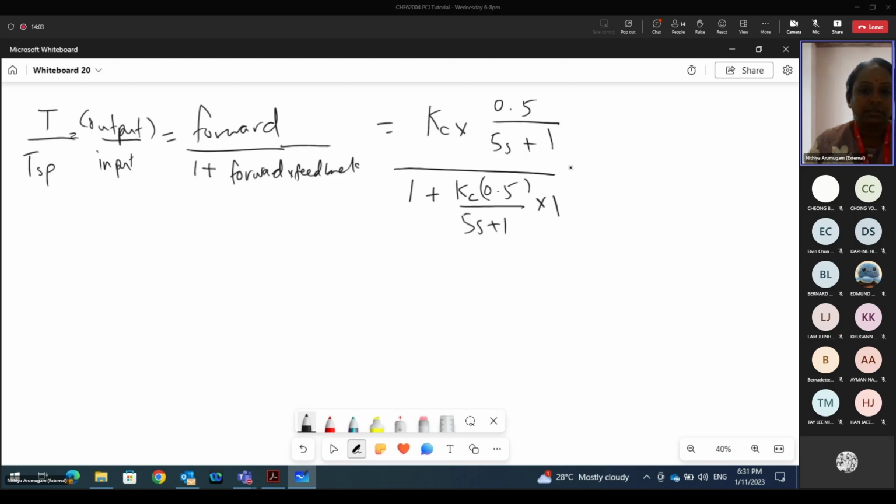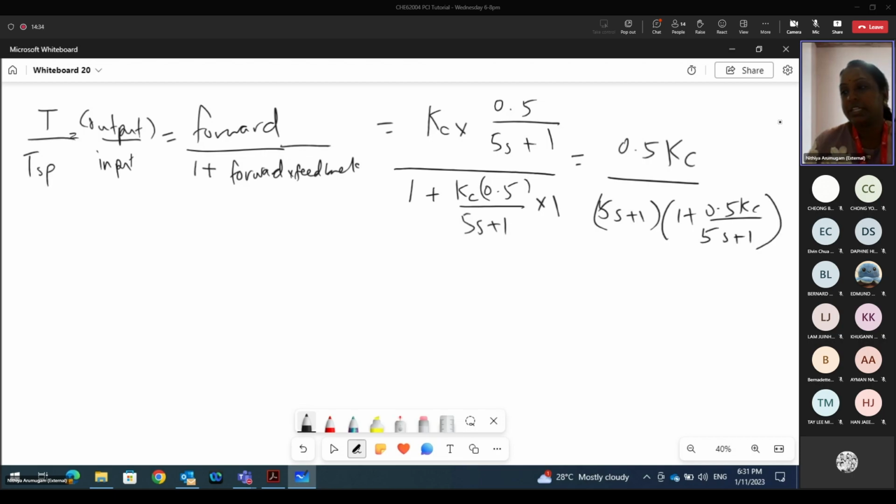Okay, so when we simplify this, we'll be getting 0.5 Kc. We can cancel these two, but let's leave it as this first. 1 plus 0.5 Kc over 5s plus 1. Okay, so this is for the T over SP.